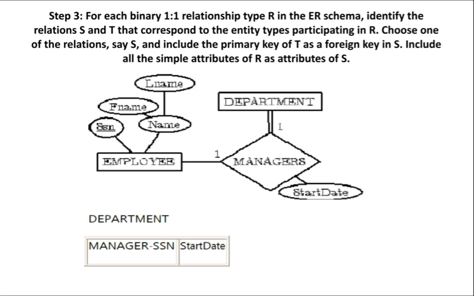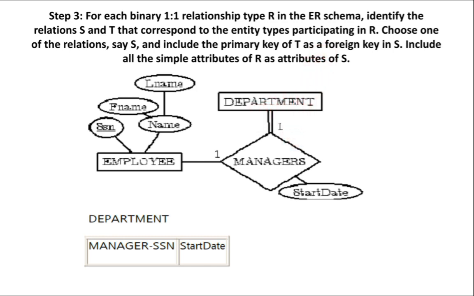So what you have to do is identify the relationship. How many relations do we have here? Two. One is employee, one is the department. So you have to consider any one here. I am considering the department here. I am not considering the employee.